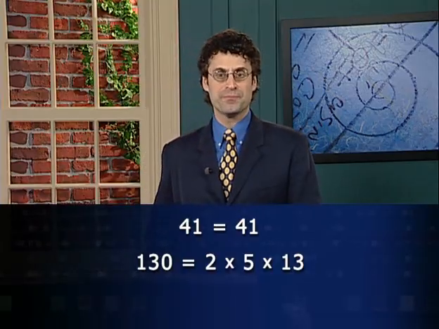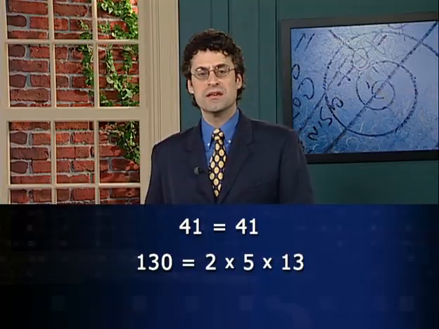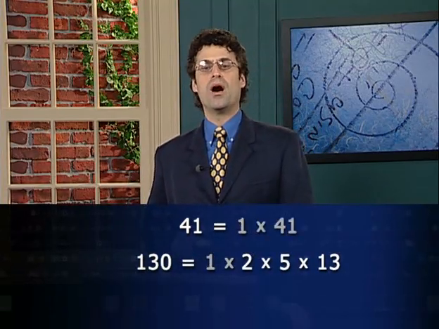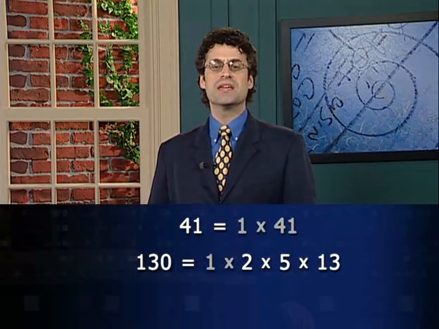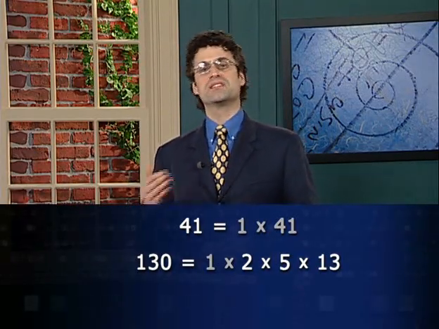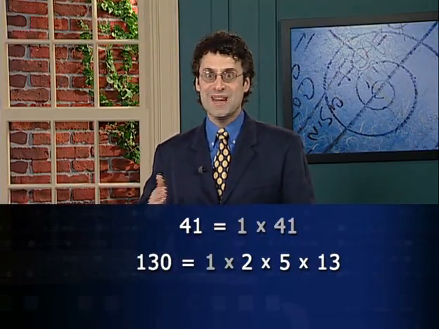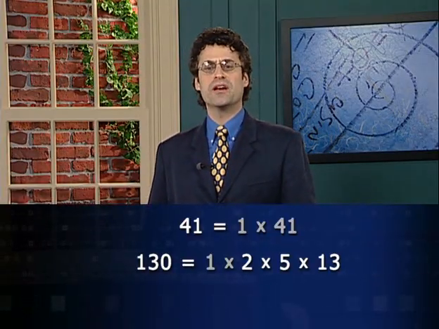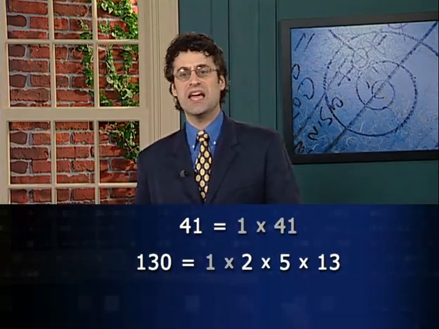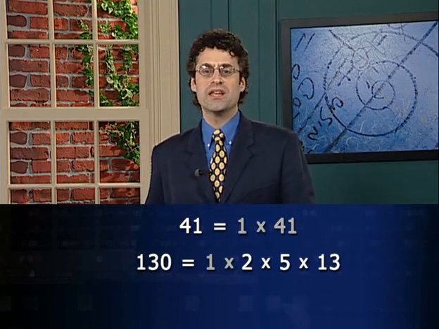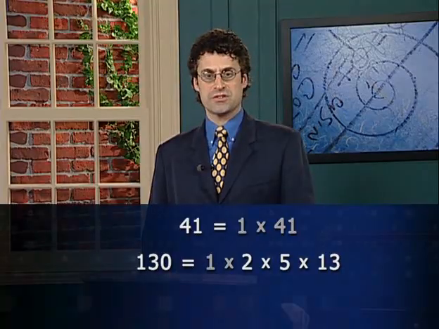Thus, the largest factor they have in common is the invisible number 1. That is, the only natural number that evenly divides both of them is 1. So actually 1 was an invisible factor in each of those factorizations. 41 equals 1 times 41. And so therefore, 1 is the greatest common factor, and as we said in Lecture 10, we'd say 41 and 130 are relatively prime. They share no prime factors.